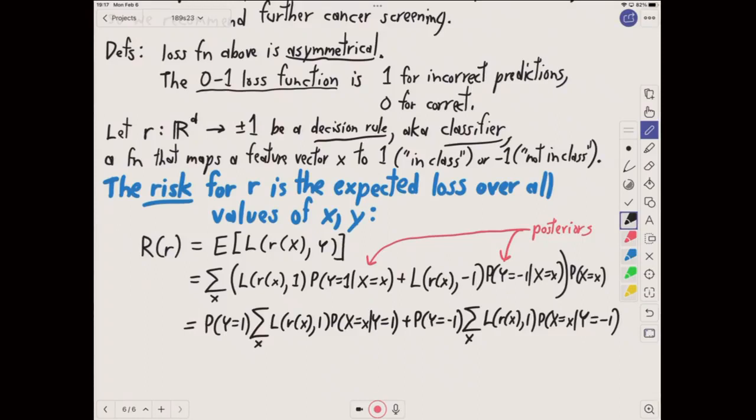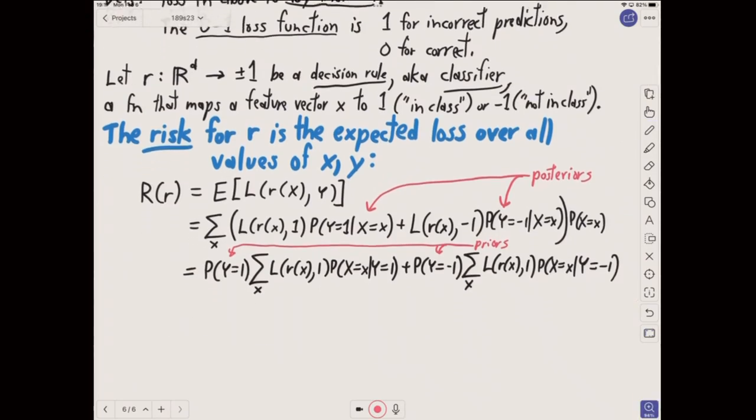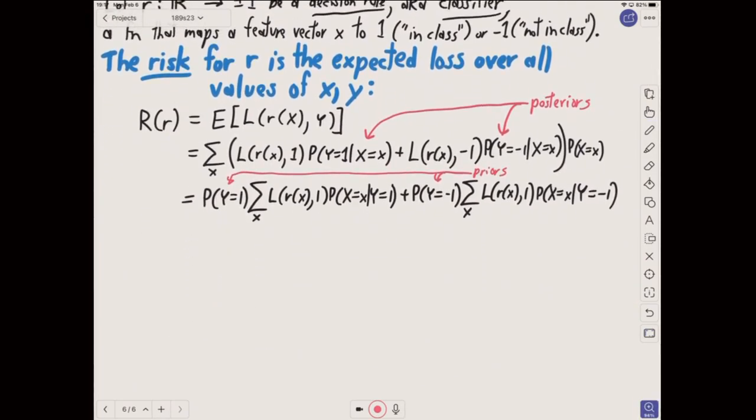Two different expressions for the risk, one which focuses on the posteriors, one that focuses on the priors and the class conditional distributions. Both of these are going to be useful later in this lecture, so they're both going to come up. Which line?